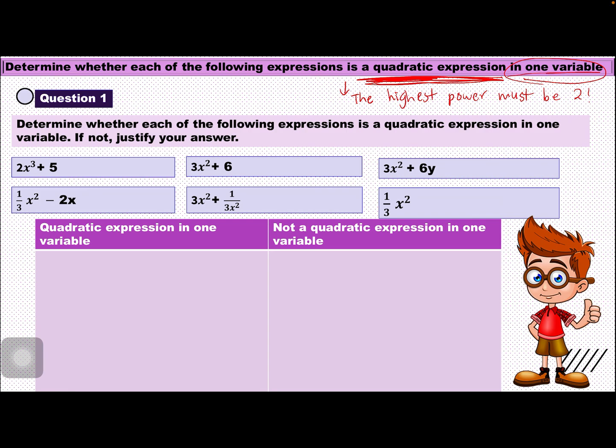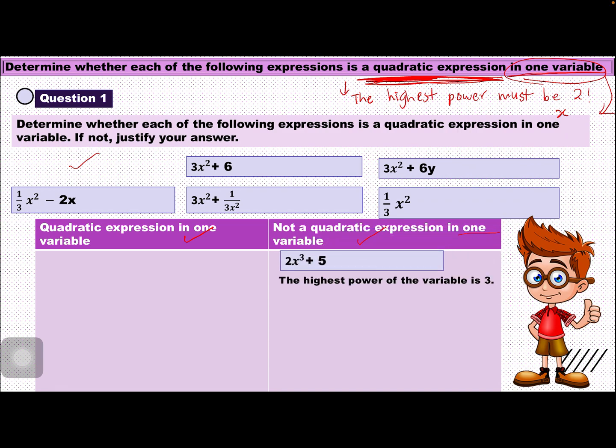One variable means that if it uses x, then the whole expression will use x as well; only one variable appears. If not, justify your answer. We tick two columns: a quadratic expression in one variable, and not a quadratic expression in one variable. What about this one? Is it a quadratic expression? The answer is no, it's not. Why? Because the highest power of the variable is 3.